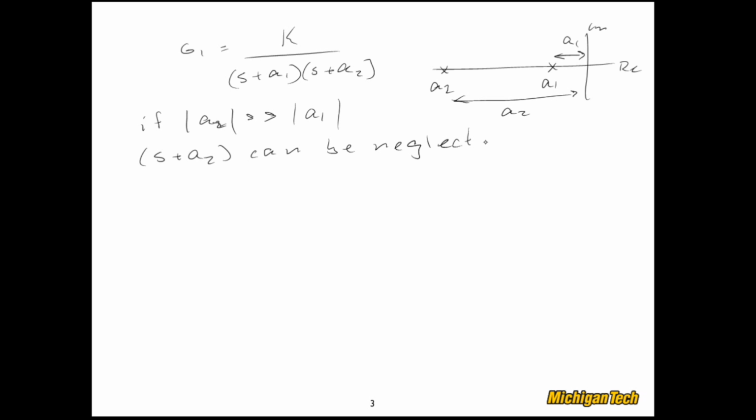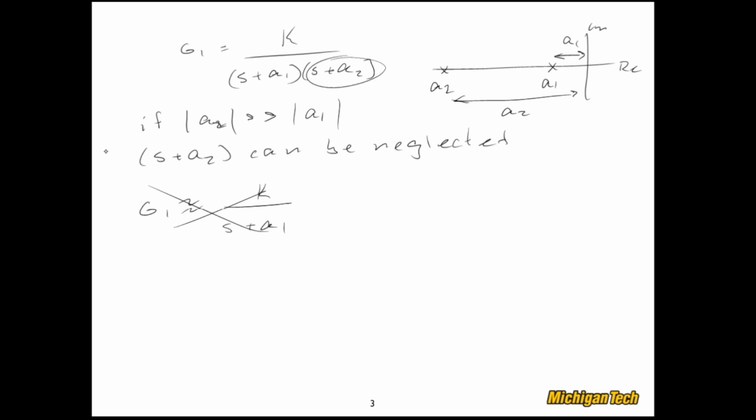We can toss it out. So if that was the case, that means that my G1 is approximately equal to, well, you might be tempted to say this, right? I've tossed out this S plus A2 term.